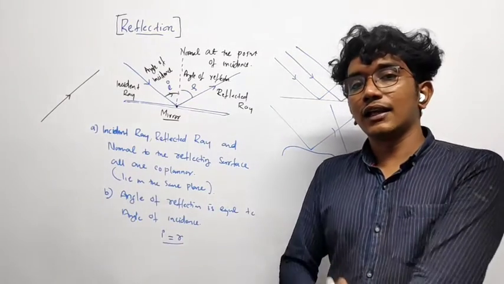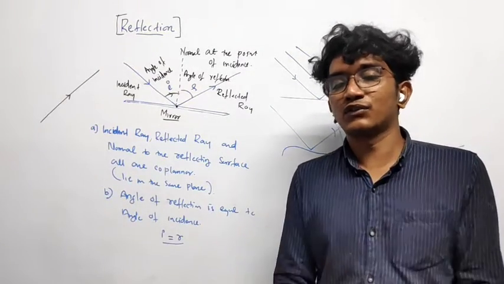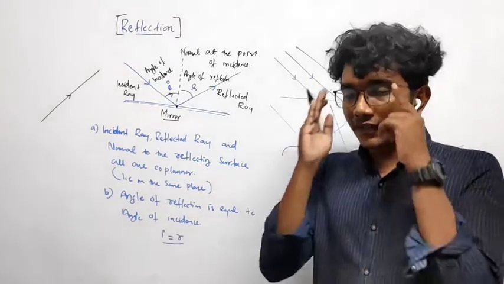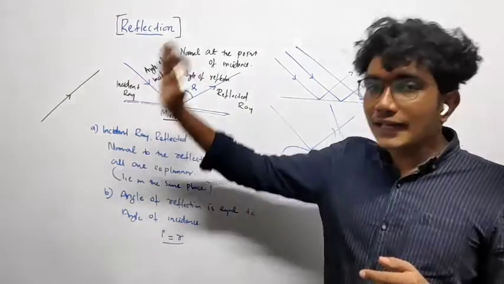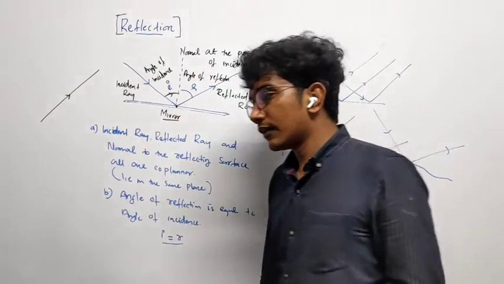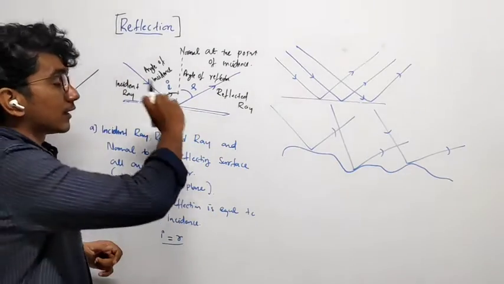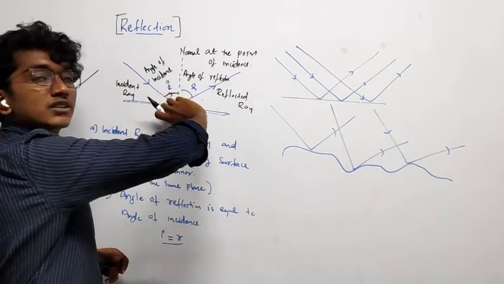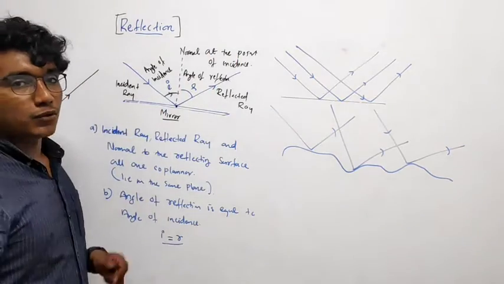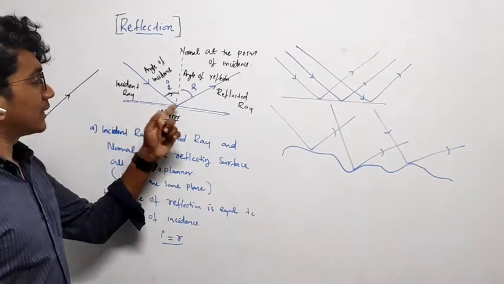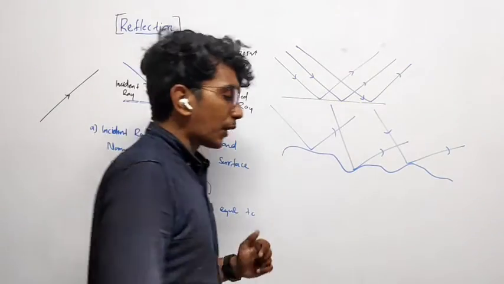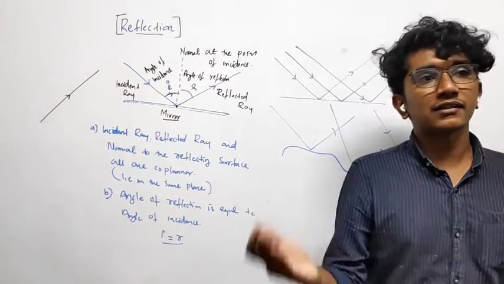I didn't discuss the definition of reflection yet, because I was thinking you would get it from this diagram itself. What is reflection? You can define it like this: it's the bouncing back of a light ray to the same medium after being incident on a particular point on a reflecting surface.